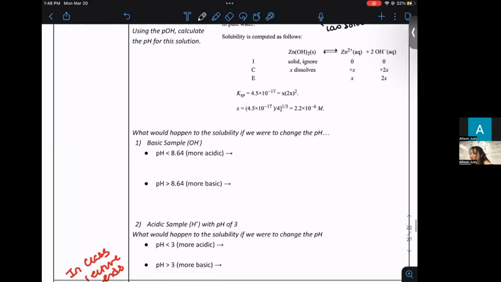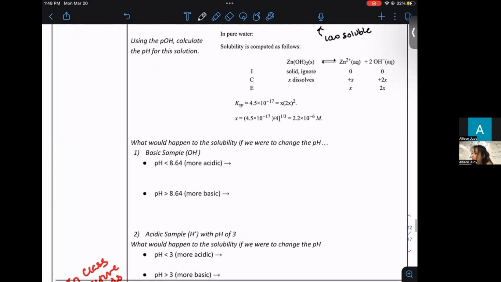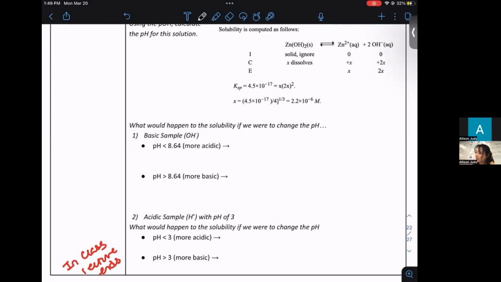But here's the problem. What would happen to the solubility if you were to change the pH? Put it in a more acidic solution. Well, if you're producing OH minus, putting it in a more acidic solution means that your OH minus is going to be neutralized by your acid.